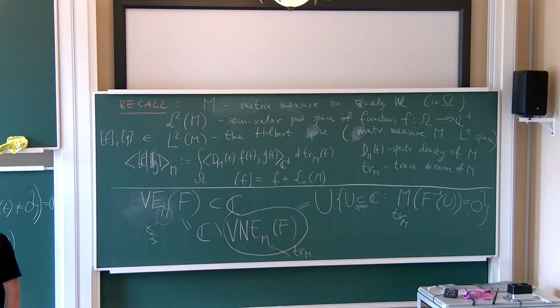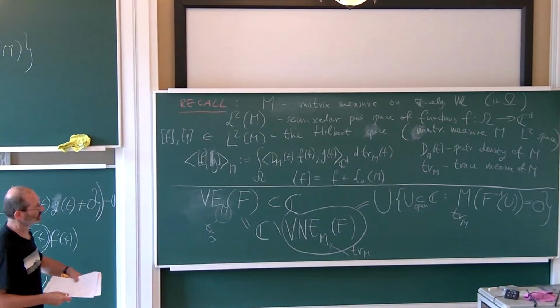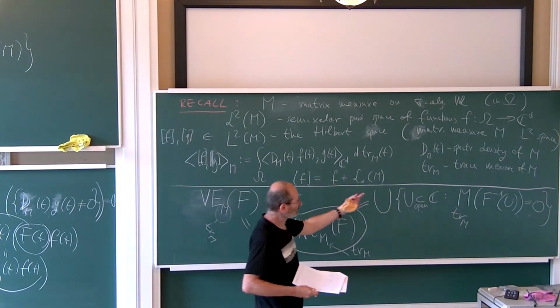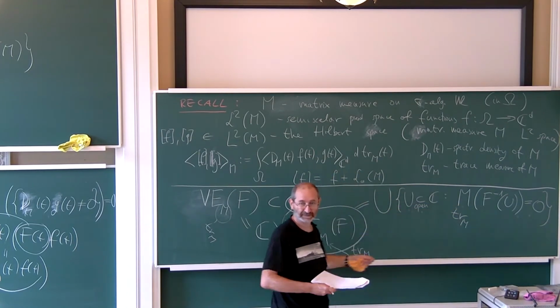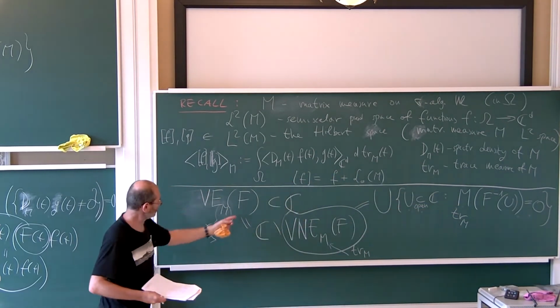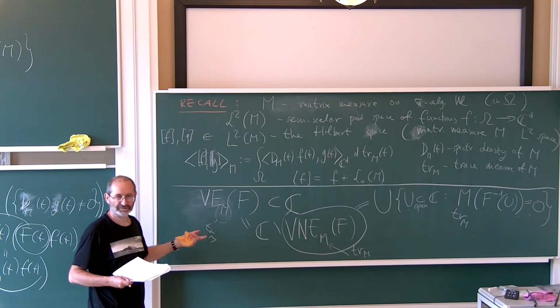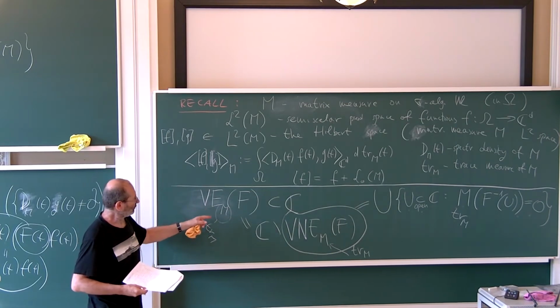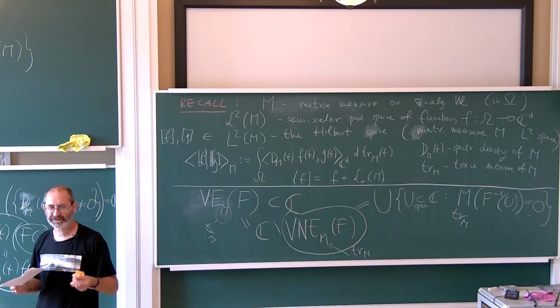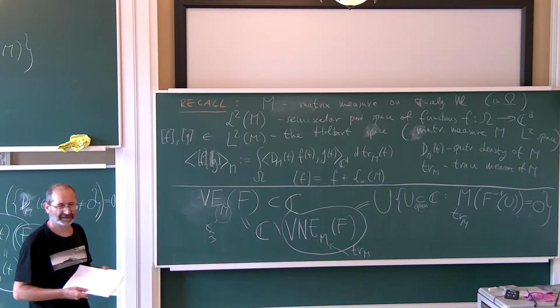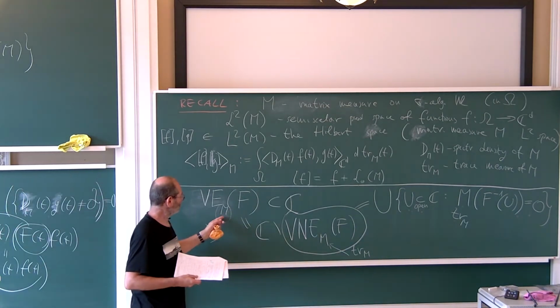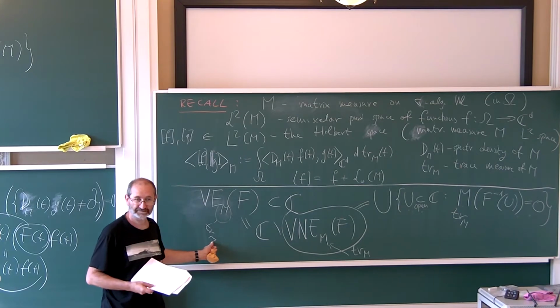So in this moment we can, in some sense, forget about this definition for matrix measures, and just think about the well-known notion of essential values for functions with respect to a measure.